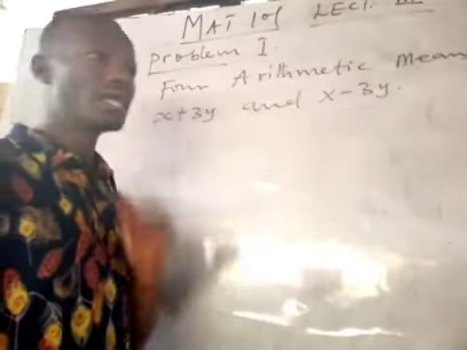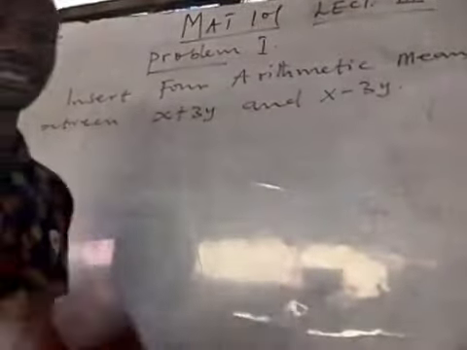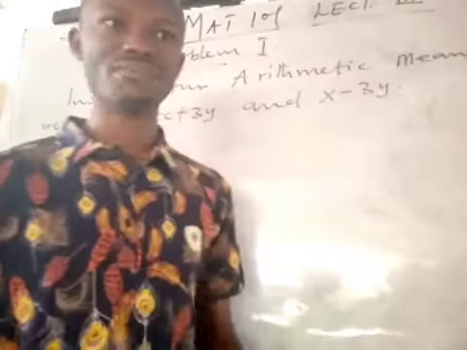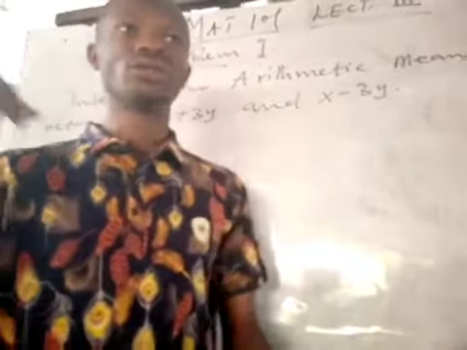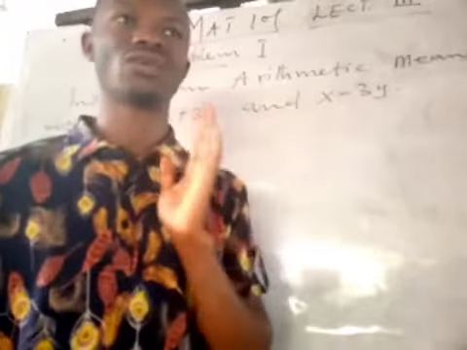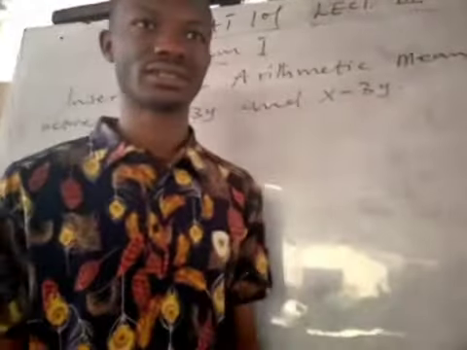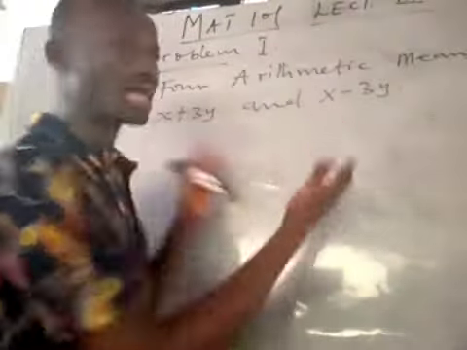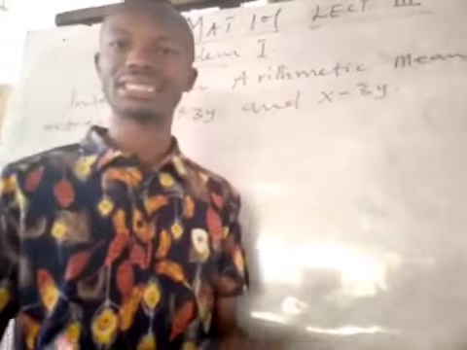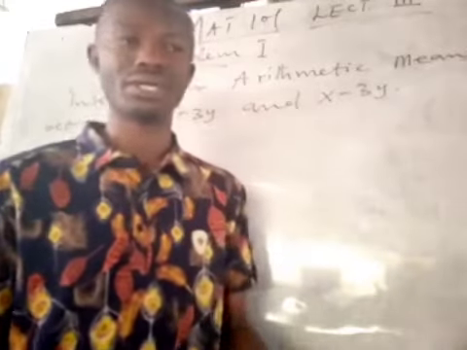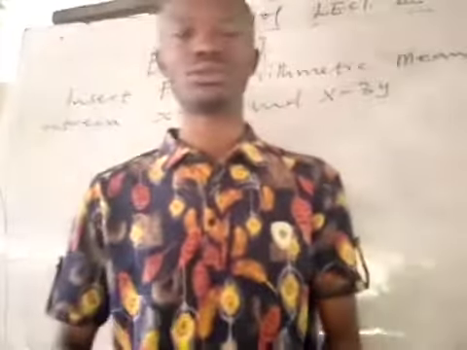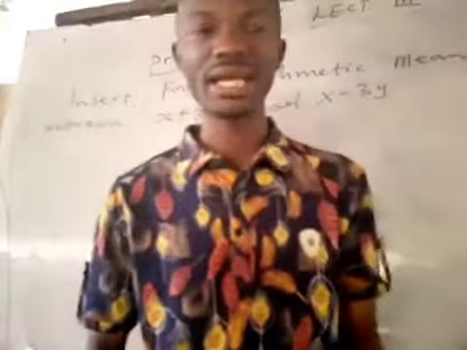Then, of course, we have equally seen that once you insert arithmetic means in between two numbers, you will definitely form a sequence in arithmetic progression. The means I want to insert in between these two numbers, I don't know them. So I have to make an assumption, or rather, I can just use a letter or a symbol to represent the unknown means.